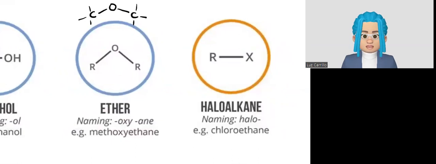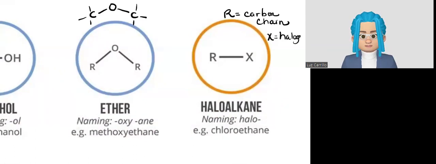Next, we have a haloalkane. And in the case of a haloalkane, understand that R is going to mean a carbon chain, and X is going to mean a halogen.